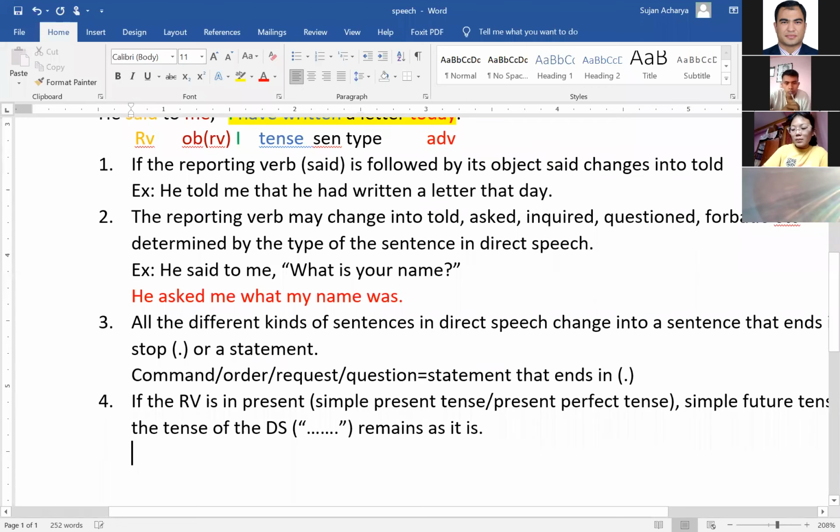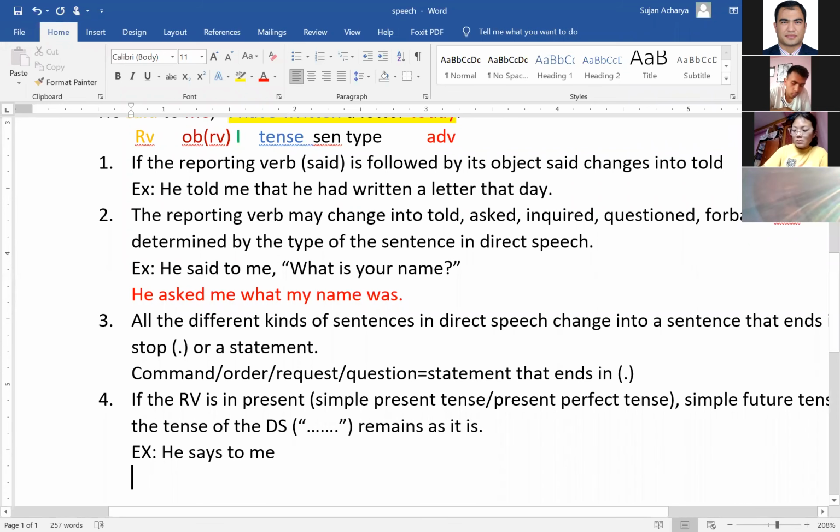For example, he says to me, he tells me. Sorry.